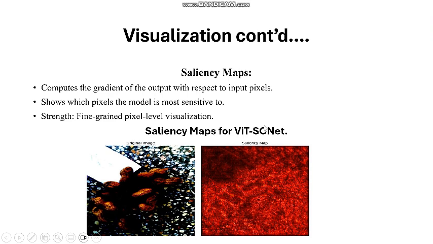So this is the saliency map for the semantic convolutional network model. In this output, we can observe an original image beside a saliency map output. Here we can observe the pixels the model is most sensitive to in these red colors.